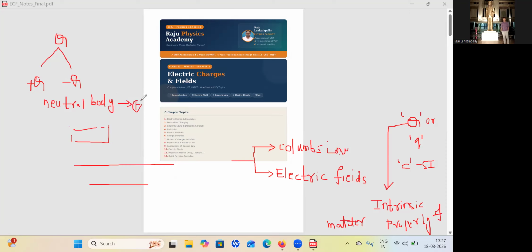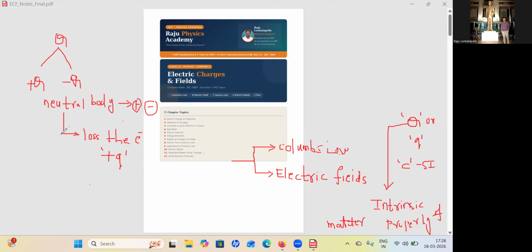If that neutral body loses electrons, that body gains positive charge.